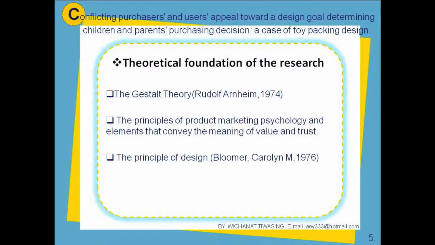Secondly, the principles of product marketing psychology and elements that convey the meaning of value and trust. Finally, the principle of design gives the basis of three types of design variables, which are color, texture, and graphical styles.